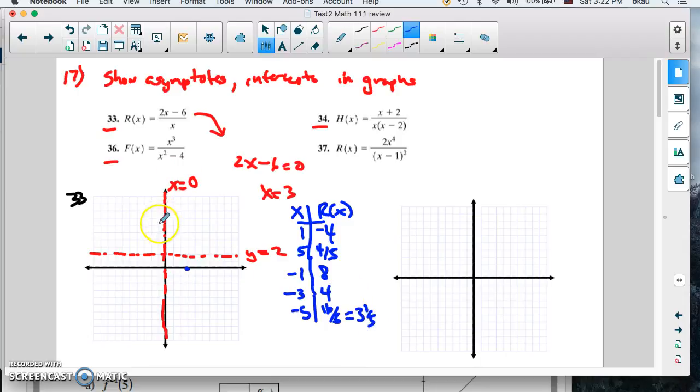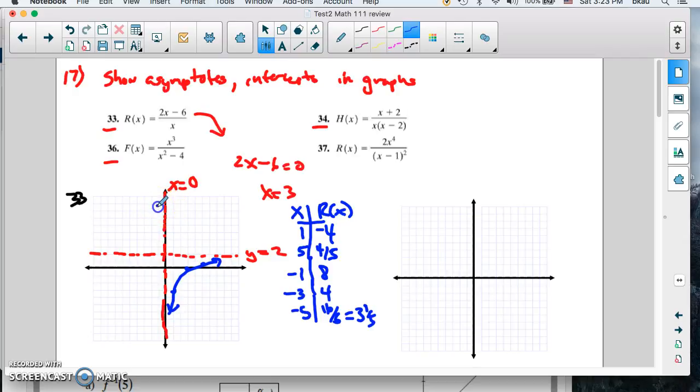Okay, so we have some points. Now we can guess kind of where it is here. 1 is -4, so it goes through here. 5 is 4/5. 3, 4, 5, so it's right about there. So this does go through those 3 points, and it approaches those 2 asymptotes. Okay, we know -1 is 8, so here's 2, 4, 6, 8.